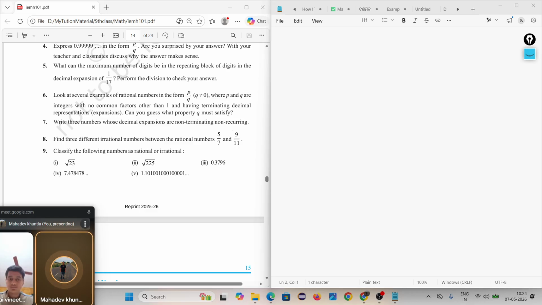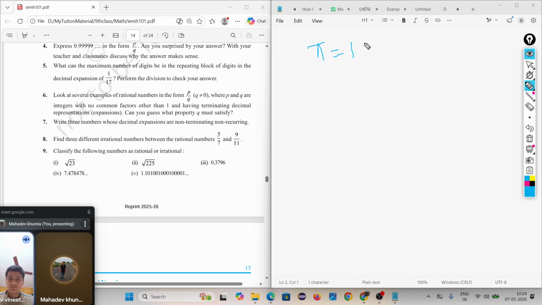Then come to question number 7. Write 3 numbers whose decimal expansion are non-terminating and non-recurring. Alright, you have to give 3 examples. Any example you can take. What is the value of pi? 3.141, 3.145.